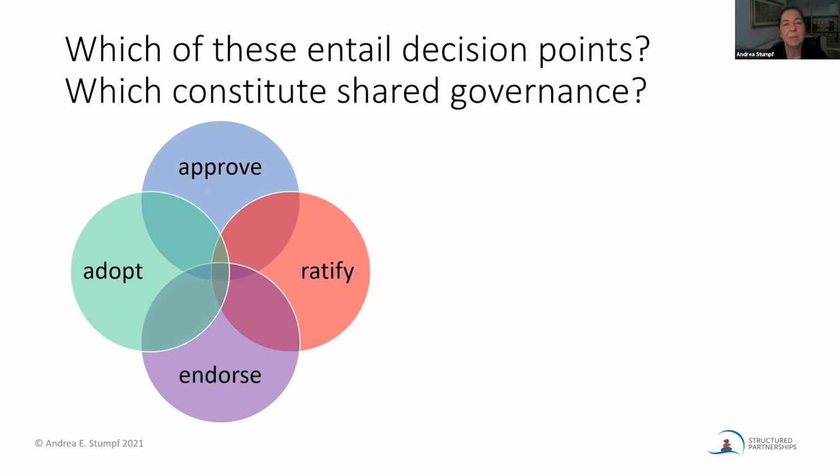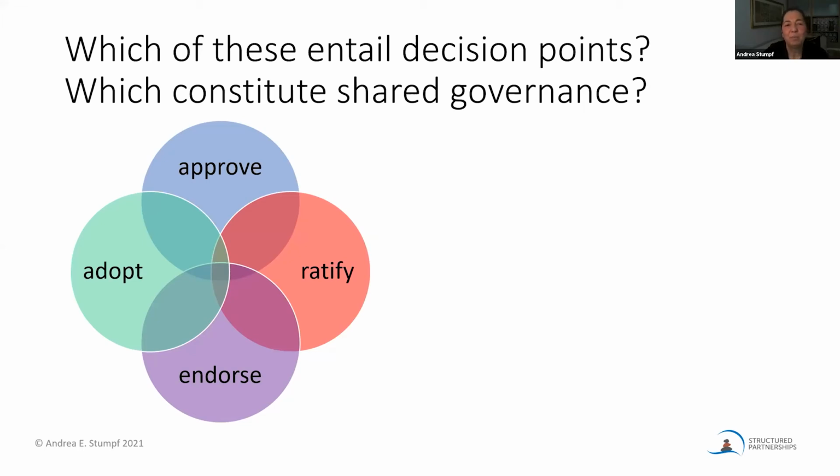I have seen many charters floated my way, draft documents or even approved documents, that say the governing body endorses the annual work plan, but we're not decision making. We're just advisory. We're just consultative. The governing body ratifies the strategy that was approved by the supporting entity, but just advisory.